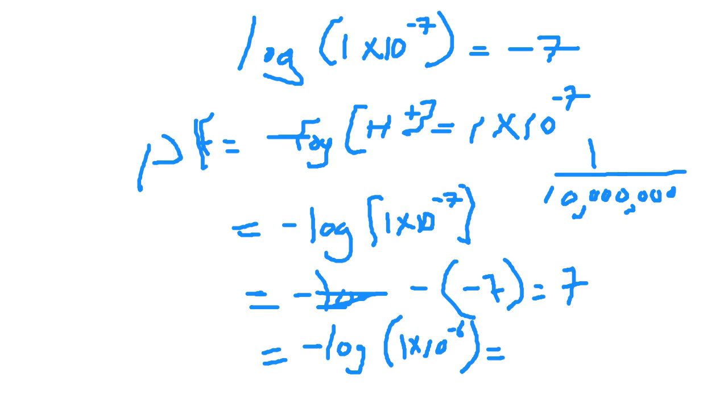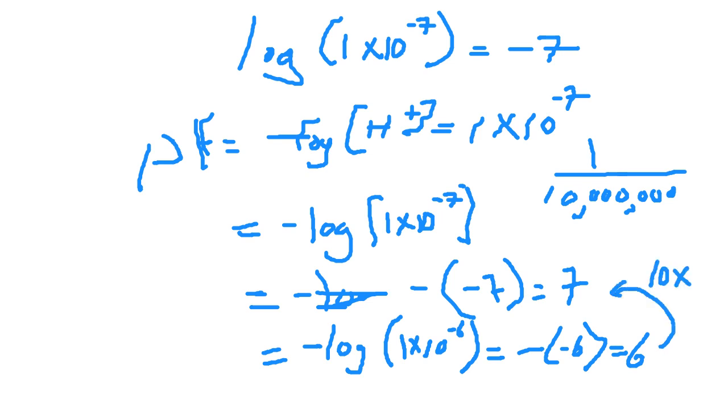And minus a minus 6 will be positive 6. So the take-home message is this: pH of 6 has 10 times more hydrogen ion than pH of 7. From here to here is 10 times more, right?